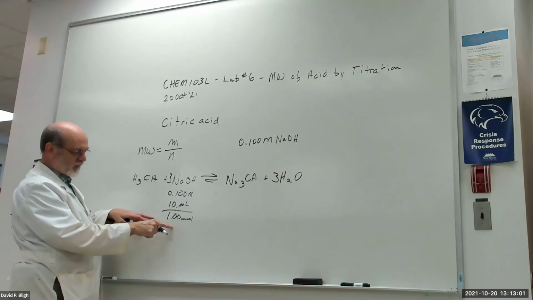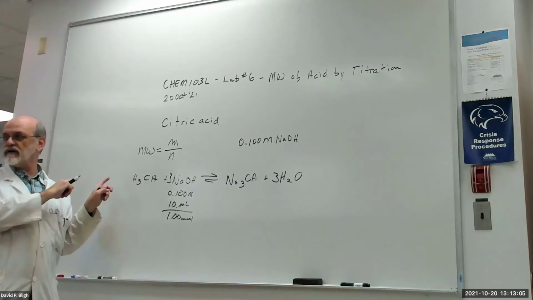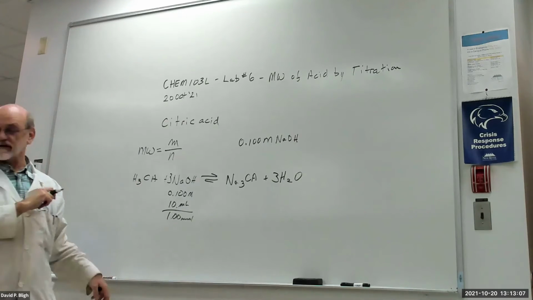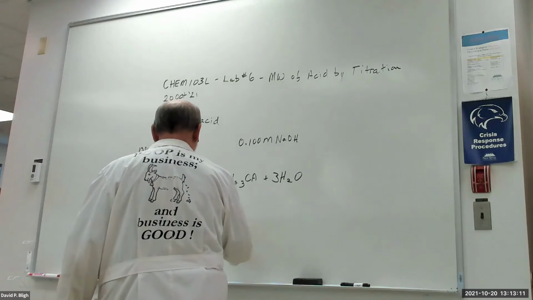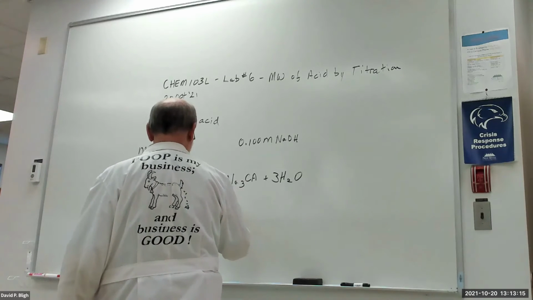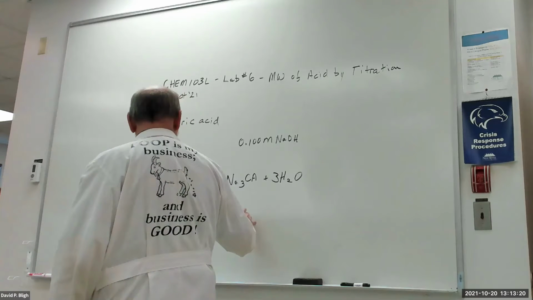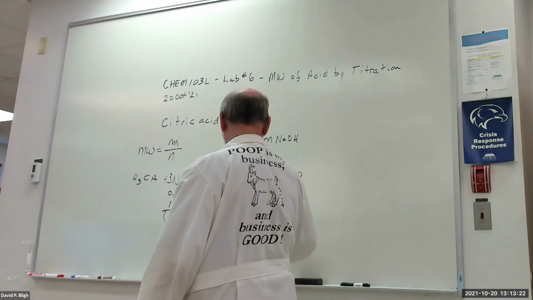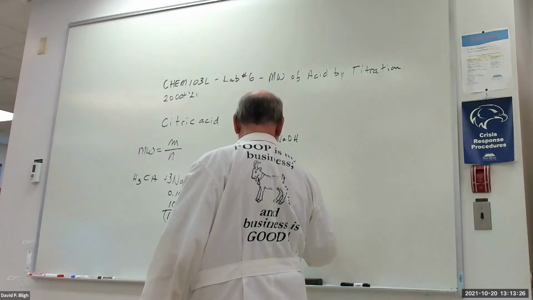Right? So if this is 1 millimole of sodium hydroxide, how many millimoles of citric acid does that represent? So we just use our conversion. Sodium hydroxide on the bottom, citric acid on the top. 3 of these, 1 of those. So that's 0.33 millimoles of citric acid.